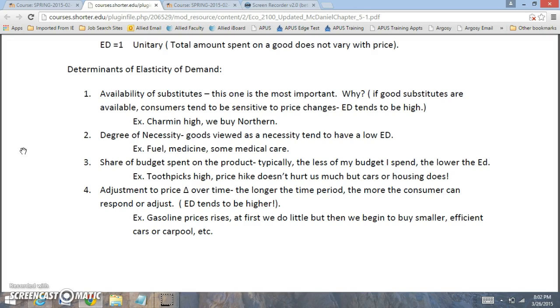So you could think of examples like the price of gum or candy bars, very small. When there's a very small change in the price of the product, and it's a relatively inexpensive good, it's going to be more inelastic. If you look at the price of a house, that's going to be more elastic because it's a larger portion of your budget. So these are some of the examples that we're looking at this week.